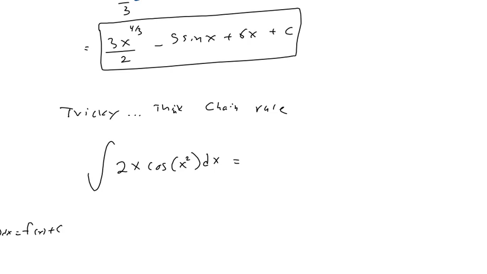Well, if I look at this x squared, there's kind of a clue here. If I look at this x squared and this 2x, I know that this 2x is the derivative of this x squared, right? And I know that if I have a cosine, my original equation had to be sine, because the derivative of sine is cosine. So if I just had a sine of x squared plus c, if I did this derivative, I would do the derivative of the outside, right?